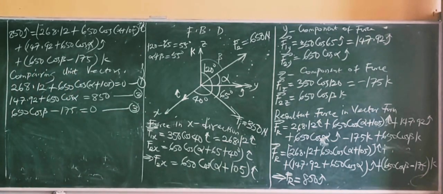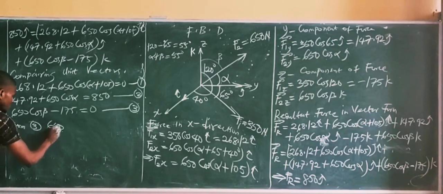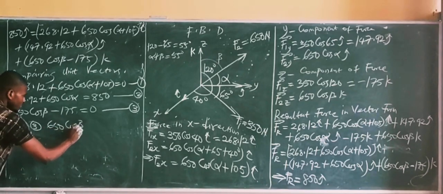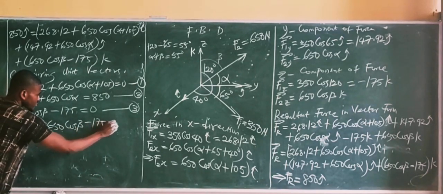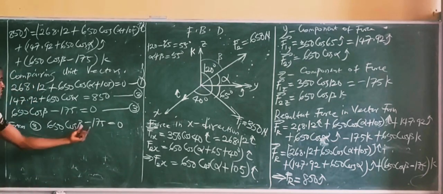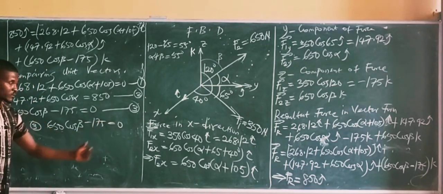If you have this, there are two ways of achieving that result. From equation 3, we have that 650 cos beta minus 175 is equal to 0. Let's send minus 175 over to the other side of the equation.